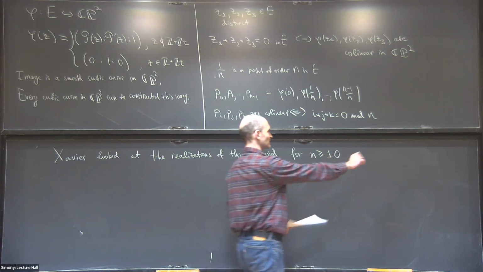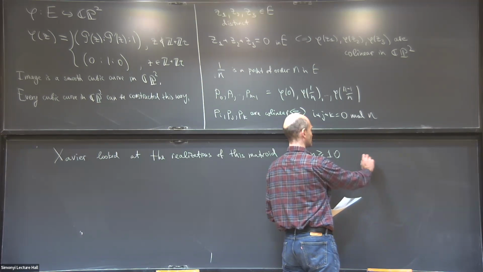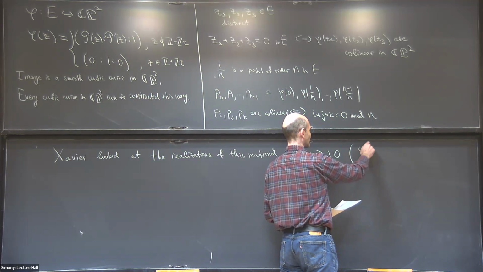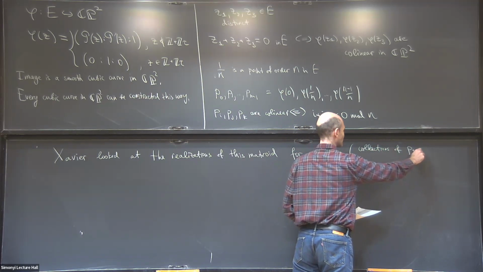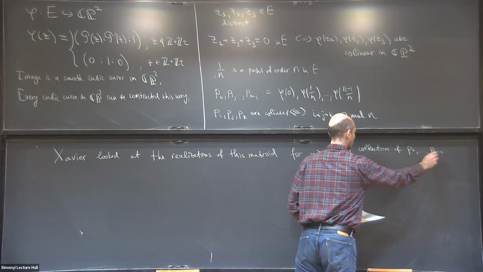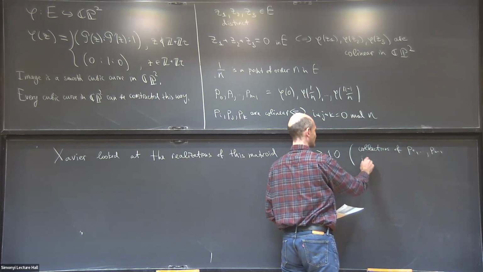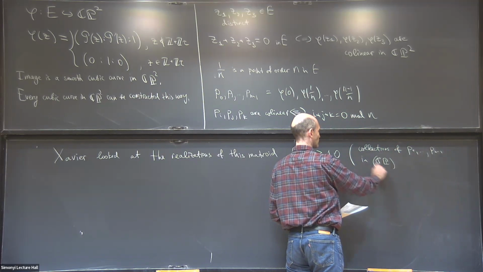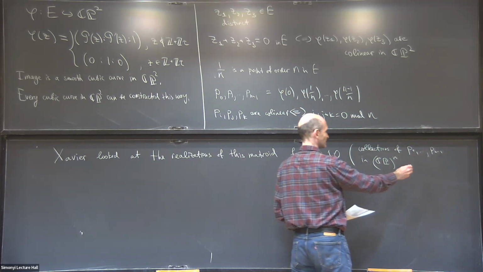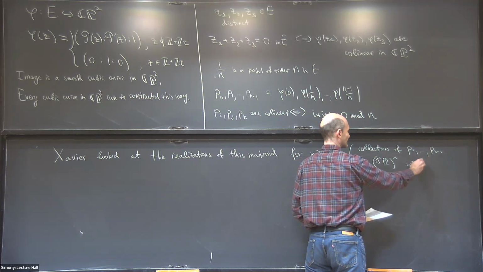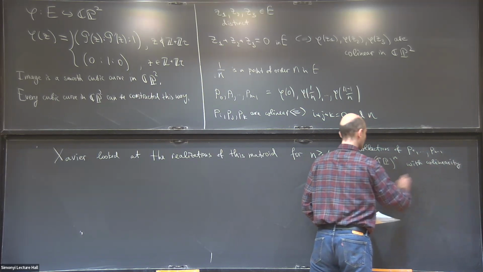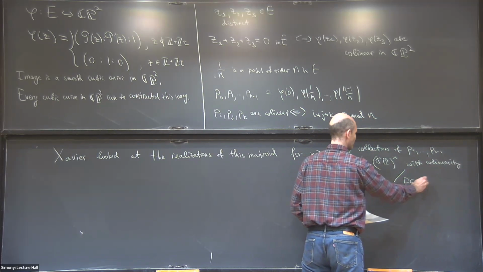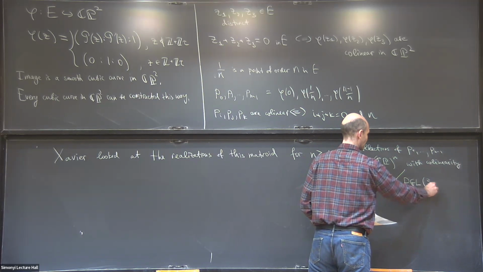What I mean by this is you look at collections of this P0 up to Pn minus 1 in, I guess, the whole thing is in CP2 to the n, with collinearity conditions and modulo PGL3C.